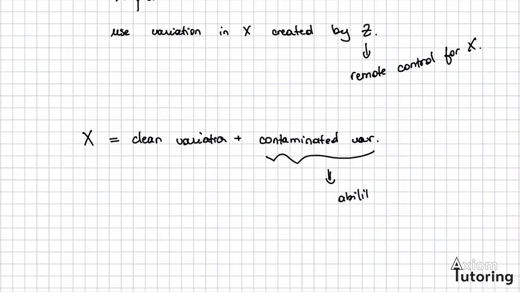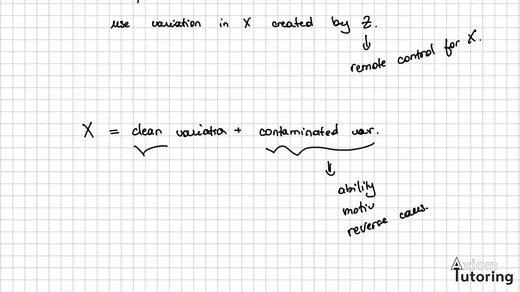So you've got ability here, you've got motivation, you've got reverse causality as well. Okay. The clean variation, these are the things of X that move independently. So this clean variation, in the case when we use Z as an instrument, will be the part of X driven or controlled by Z.